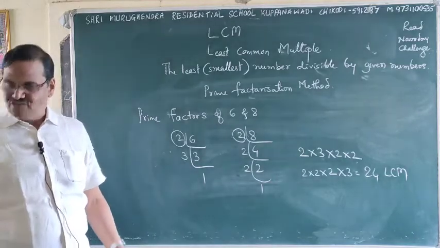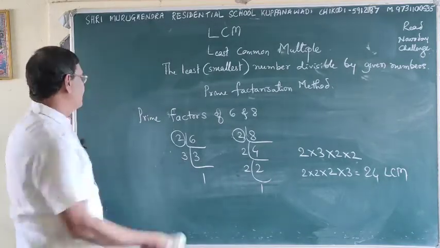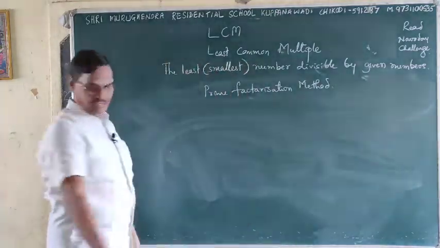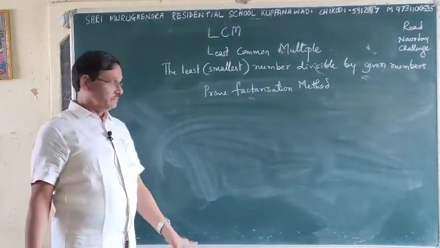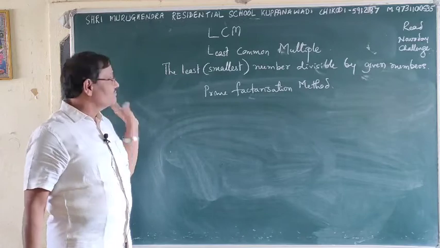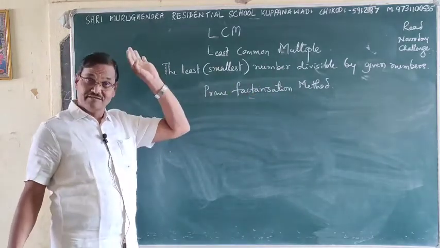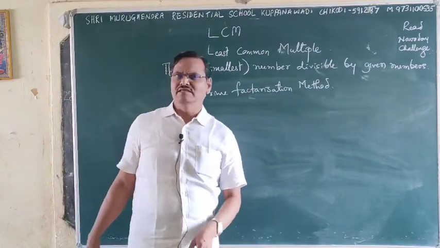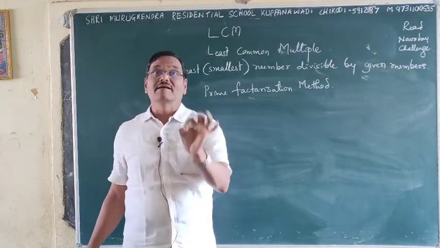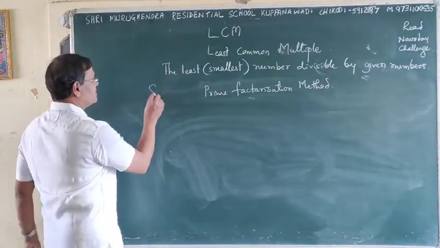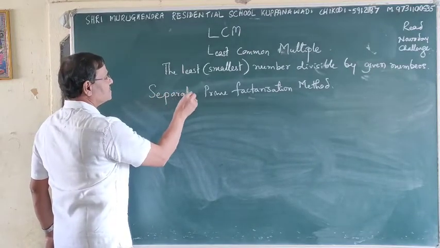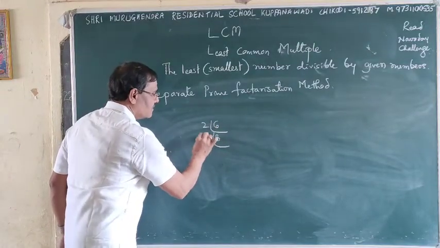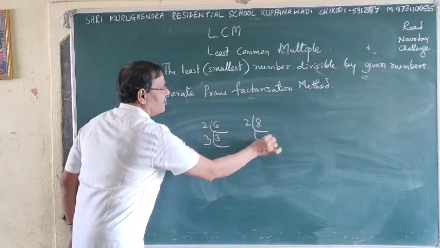Then which one is easy? That we have to go for. Isn't it? That method I am teaching now. That previous one was the prime factorization method, whereas here you can call that previous one the separate prime factorization method. 6 is separate we are taking, and 8 we are taking separate.